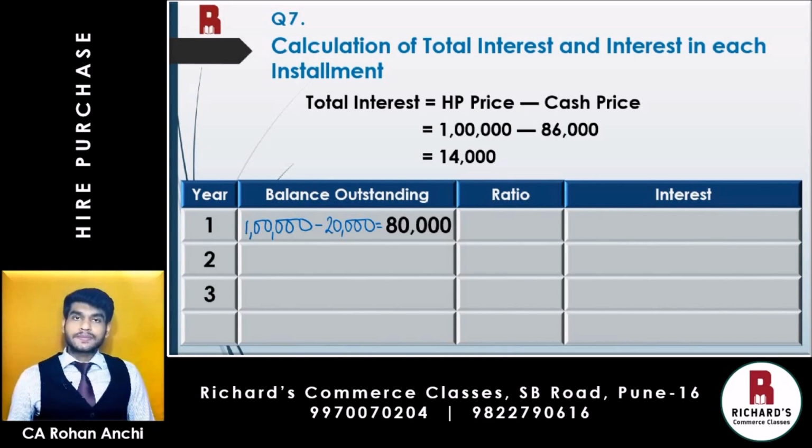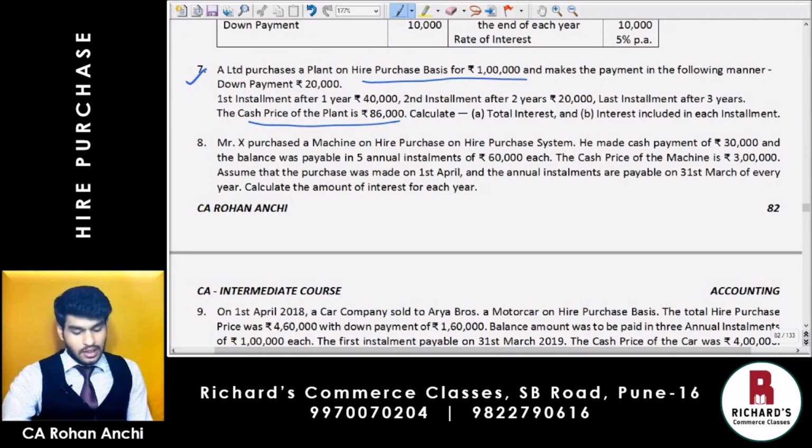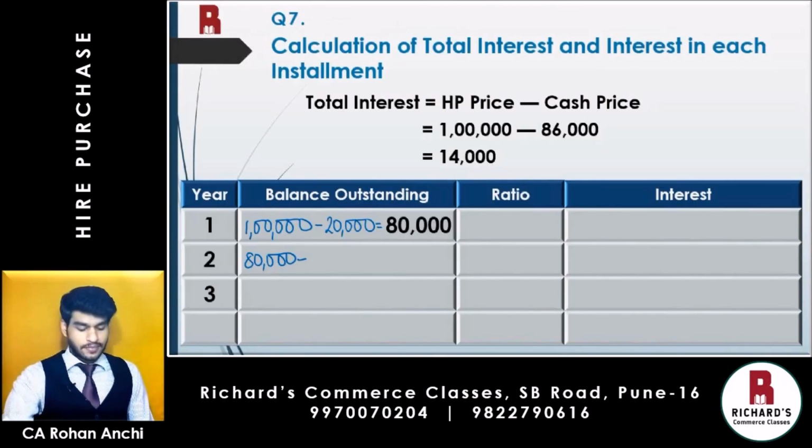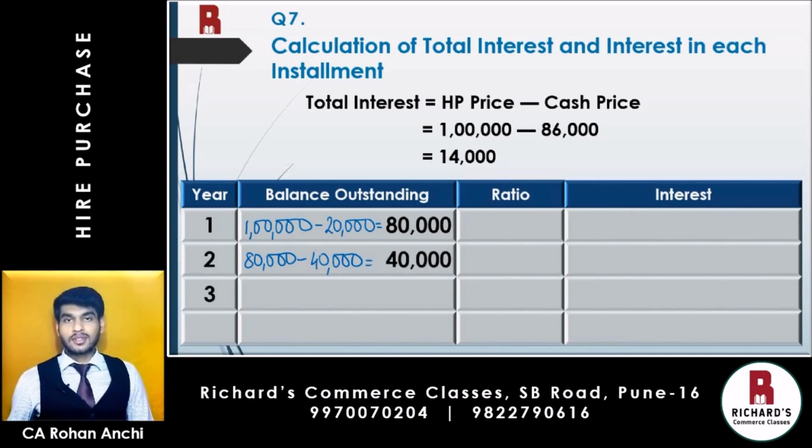In year 2, what will happen is, out of this 80,000, the first installment would have been paid. What is the amount of first installment? If we go back to the question, first installment after year 1 is rupees 40,000. So if we deduct 40,000, we will get balance outstanding at the time of installment number 2, and that is 40,000 rupees.